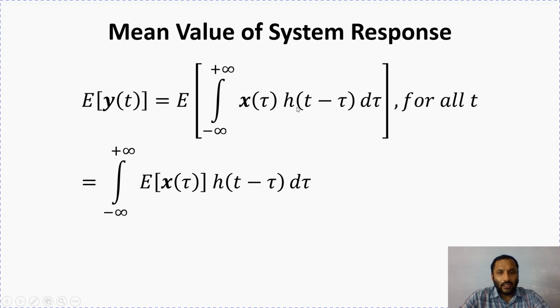Now, here, what are the random variables? What are the deterministic functions in this expression? If you observe h, what is h of t? H of t is the unit impulse response of the system. It is a characteristic of the system. It is a fixed function, a normal function. It is not a random variable or a random process.